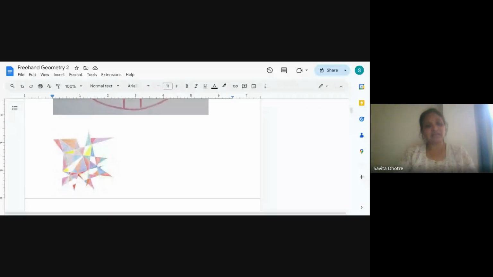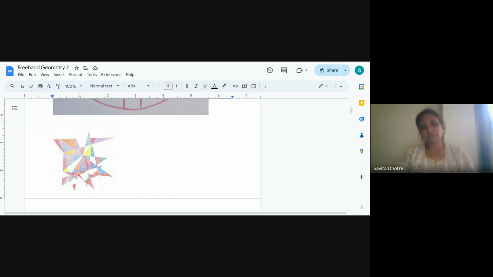And if you see this form, there have been random lines that have been drawn by them. And this is all done without the ruler. And then they have gone ahead and done the coloring inside.